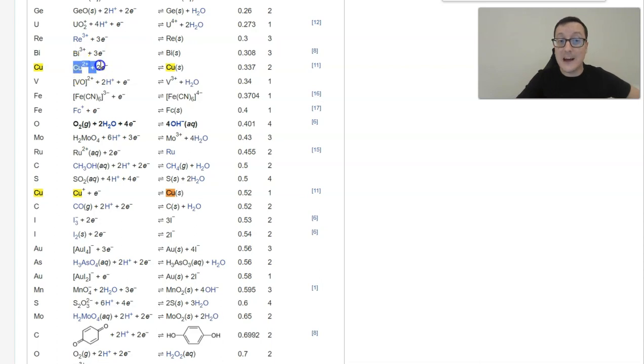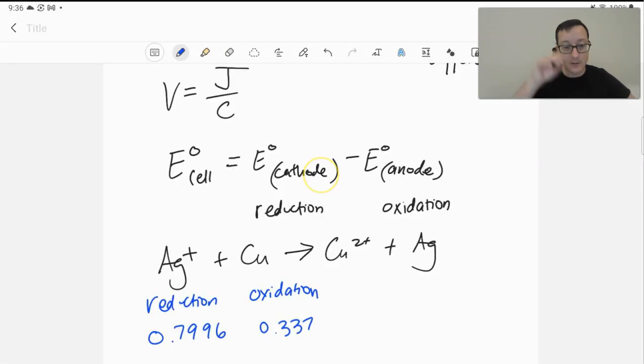But we still look it up as though it were a reduction. We're going to leave this number alone. It's 0.337. So we found our second reaction, even though it's the opposite one.